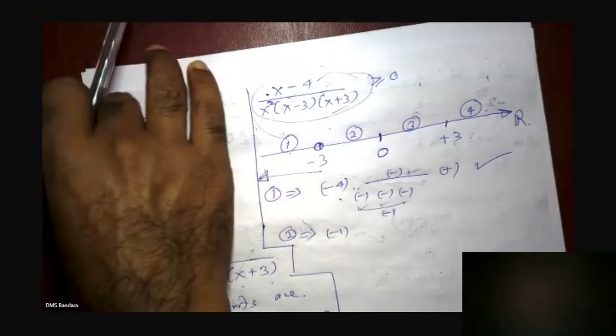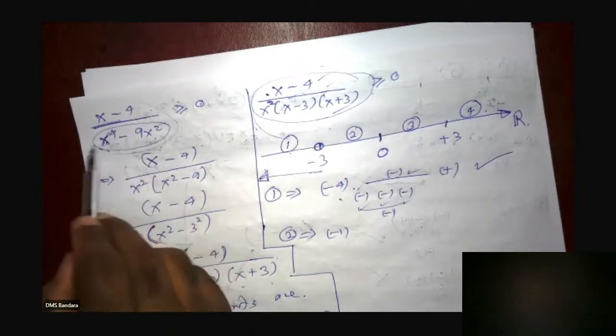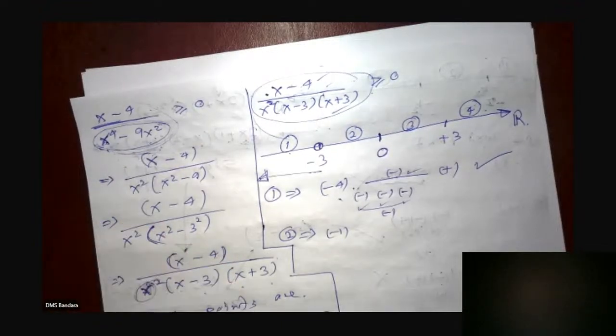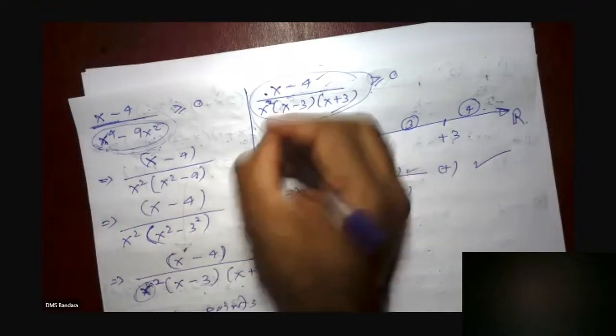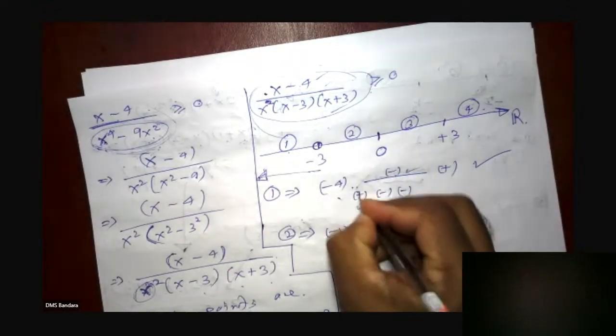Now x squared, x minus 3, x plus 3. For the existence of this inequality, the denominator cannot be 0. Yes, now I got it right. This one is positive.